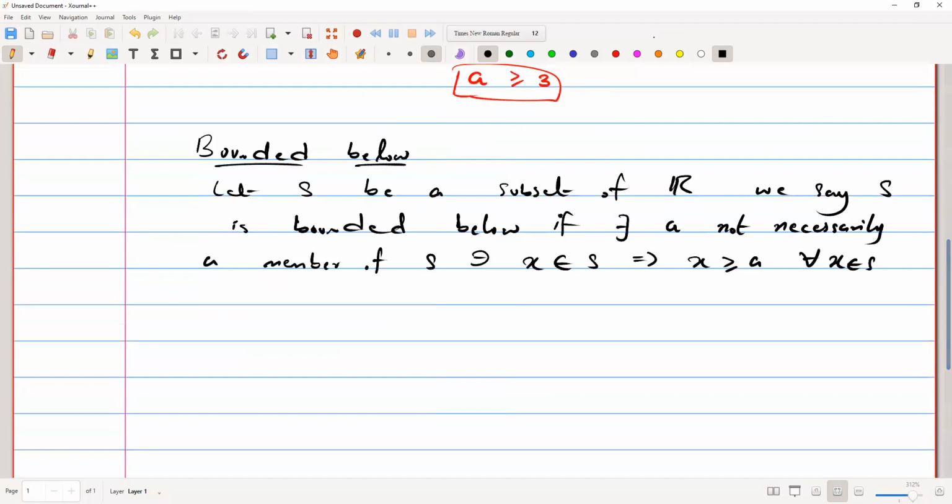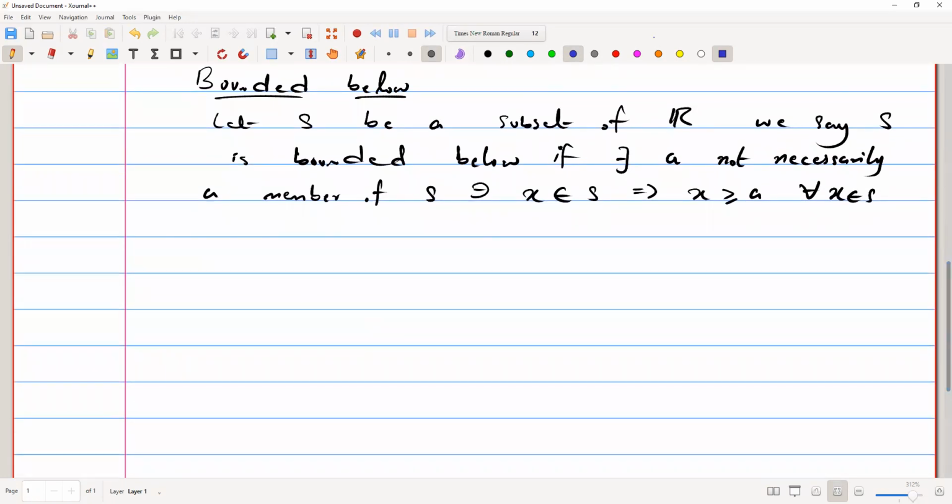So there should be a number A which is less than or equal to all the members of X. So let's talk about this interval 1, 3 again. So this 3 was the upper bound of the set, because we have the element 3 that is largest of all the elements of the set.